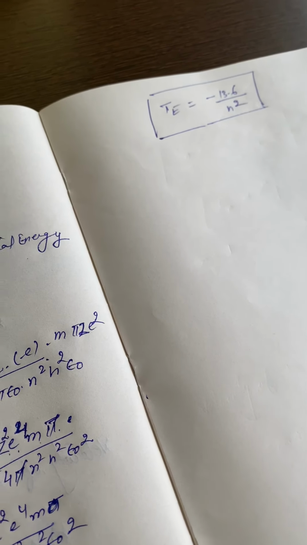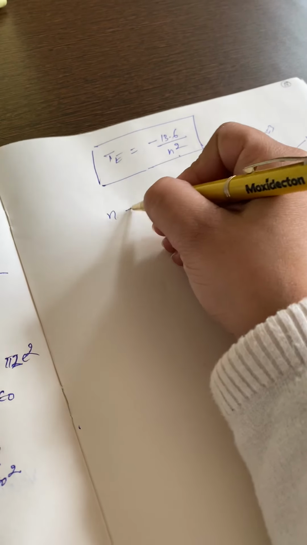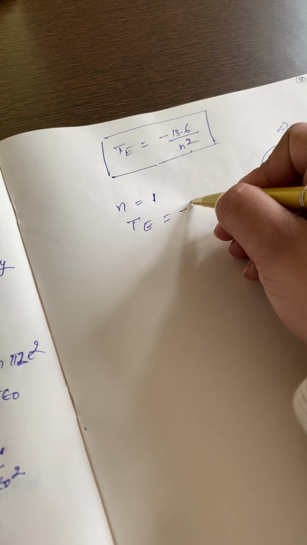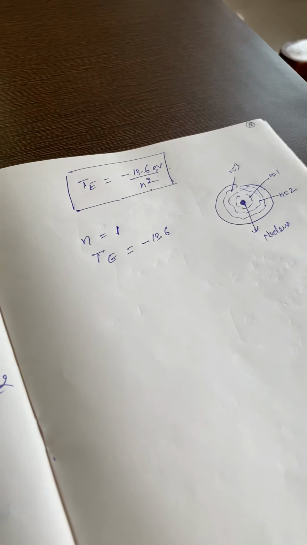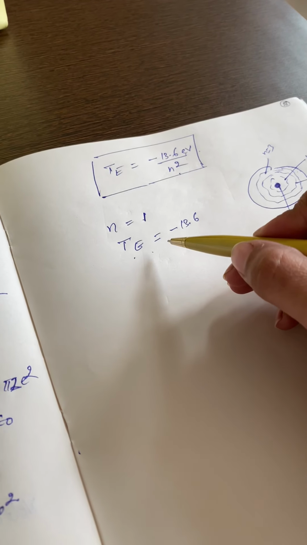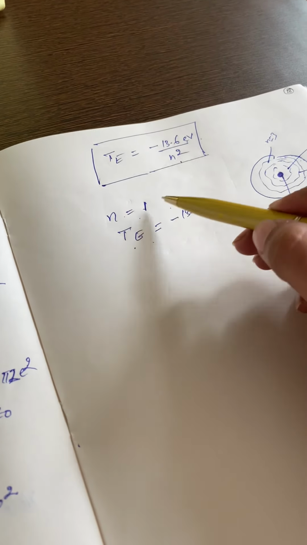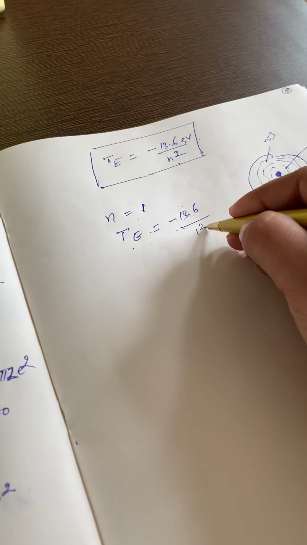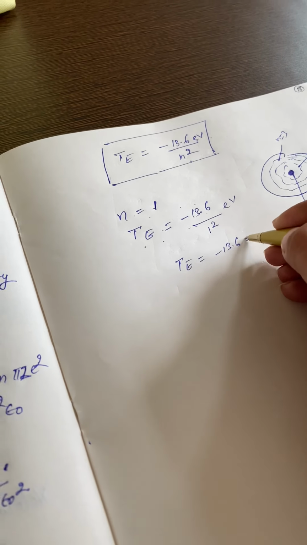So if we put n is equal to 1, the total energy for the first orbit will become equal to minus 13.6. Here we write eV, electron volt, the unit of energy. Total energy for the first orbit, putting n equal to 1, will become minus 13.6 divided by 1 square eV. So the total energy will be equal to minus 13.6 electron volt.